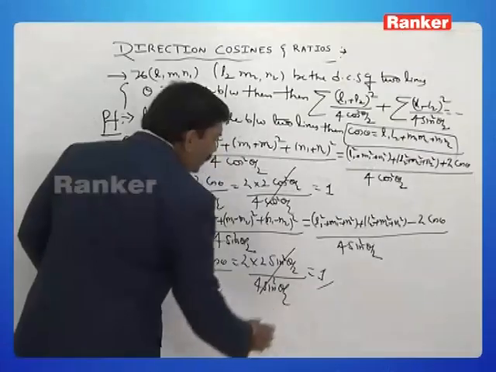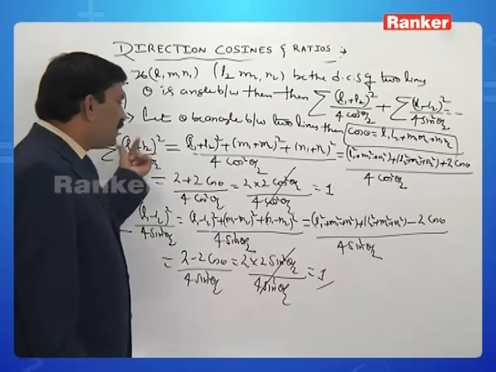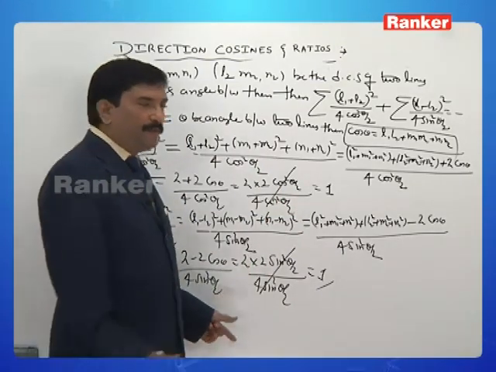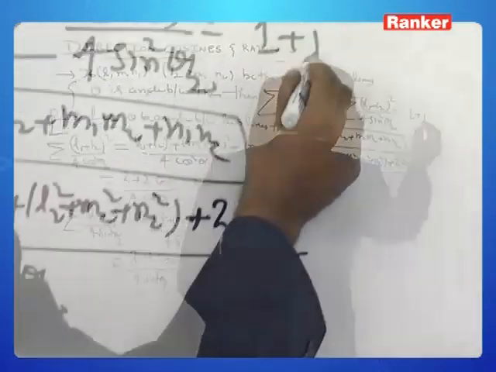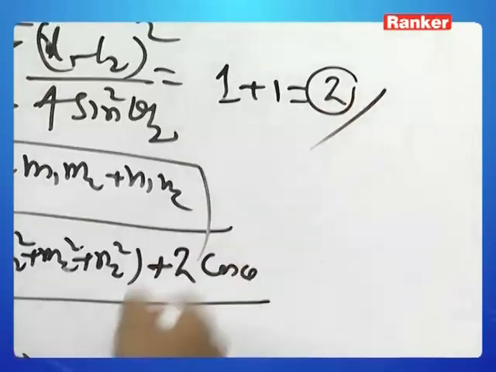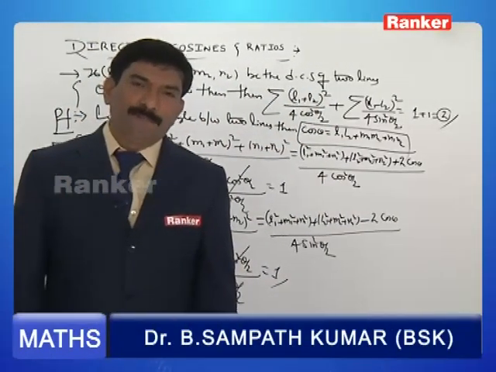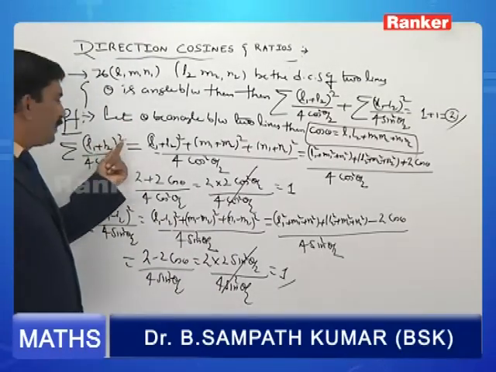This is equal to how much? 1. Now we have proved this is also 1, this is also 1. So this value is nothing but 1 plus 1 altogether. This value is equal to how much? 2.